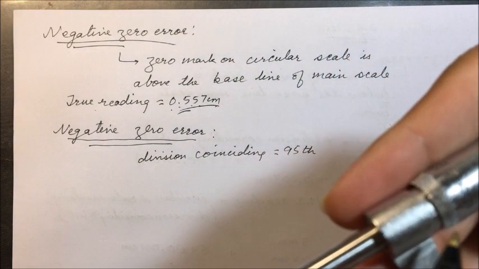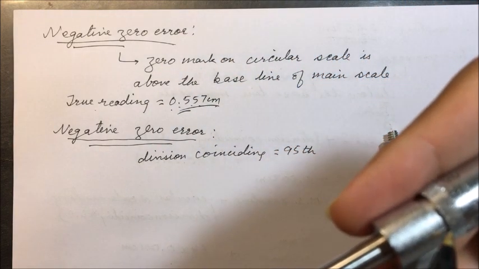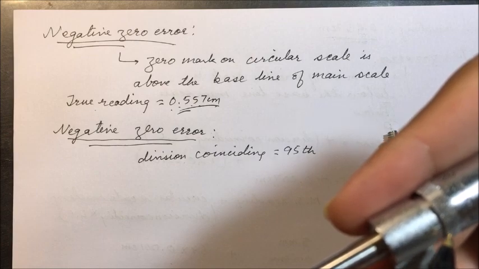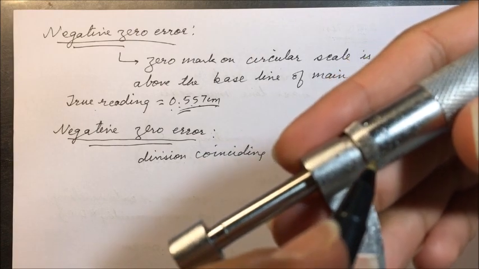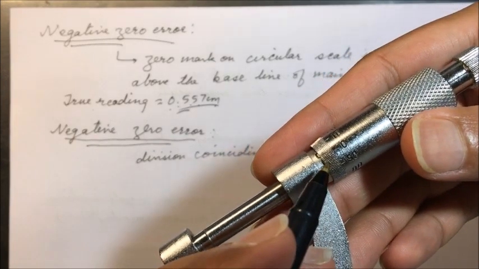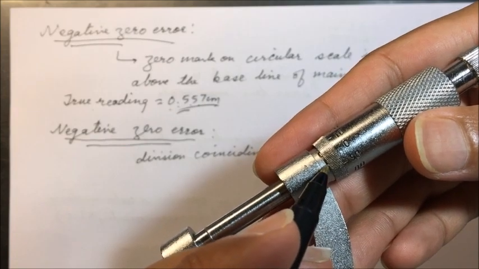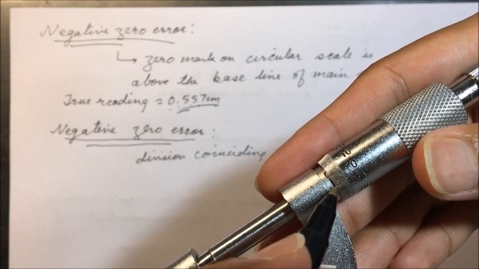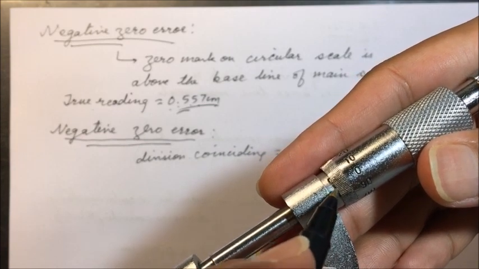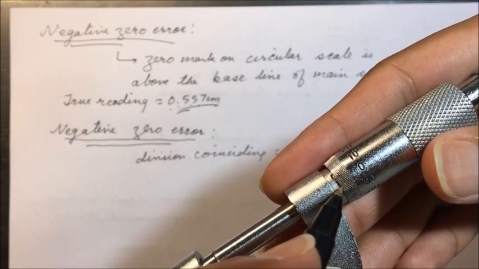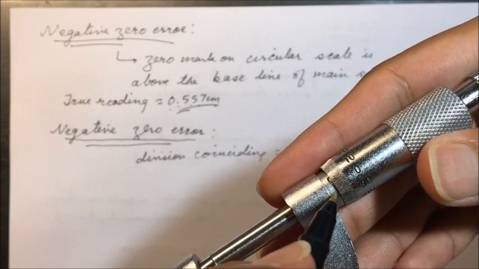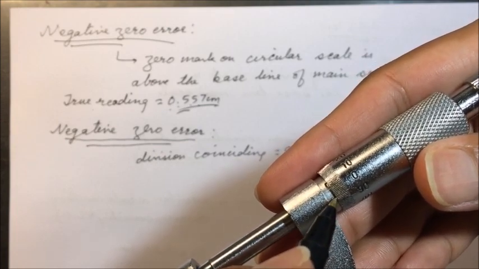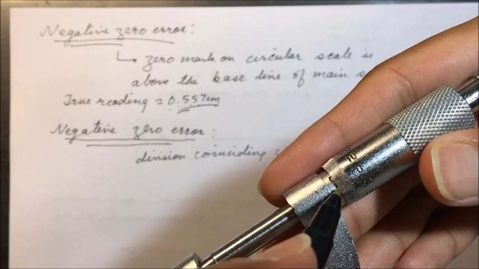Now what do we have to calculate? We have to calculate this length from the baseline to the 0 mark.